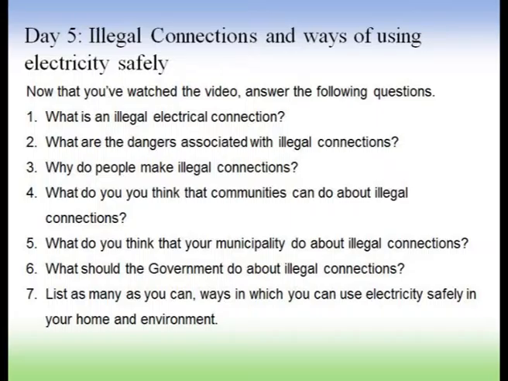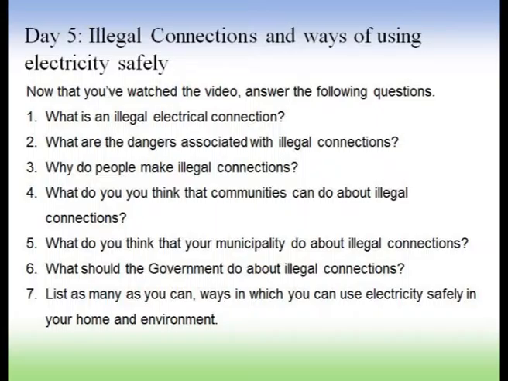What do you think that communities can do about illegal connections? 5. What do you think that your municipality should do about illegal connections? 6. What should the government do about illegal connections?